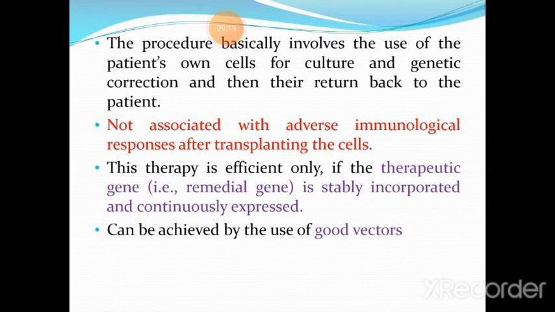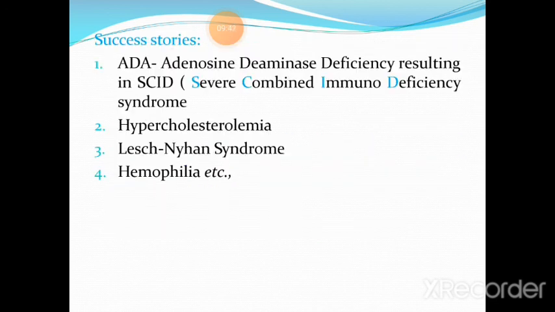cells are taken. This therapy is efficient only if the therapeutic gene or the remedial gene is stably incorporated into the genome of the patient and it is continuously expressed to produce the functional proteins. This can be achieved by the use of good vectors. There are success stories for this.